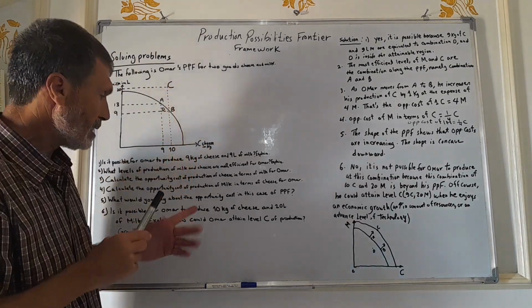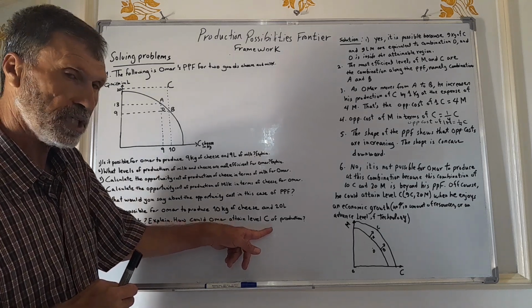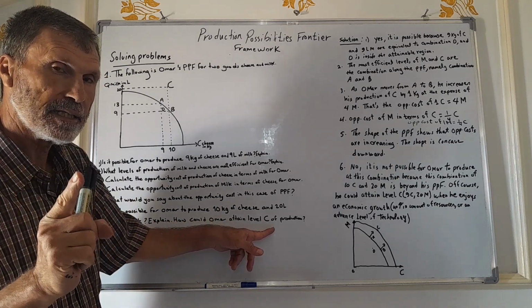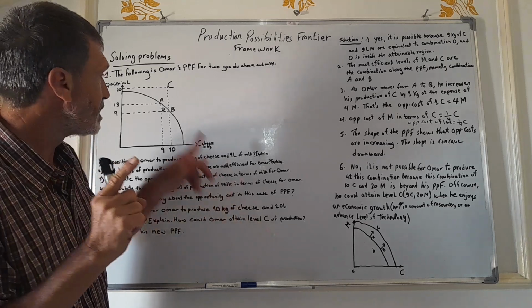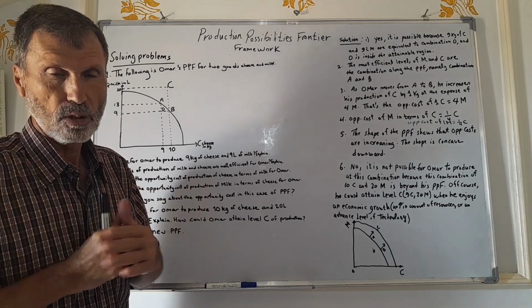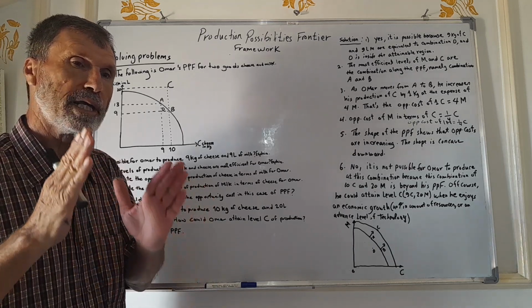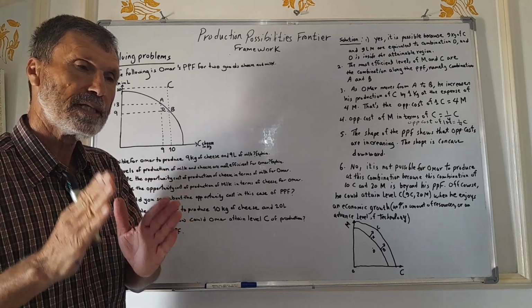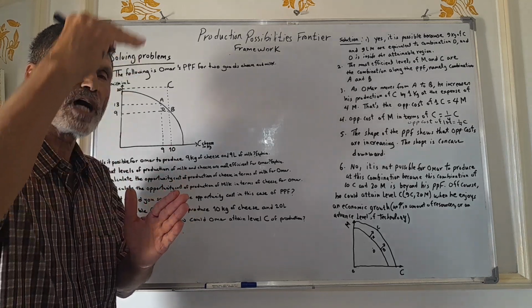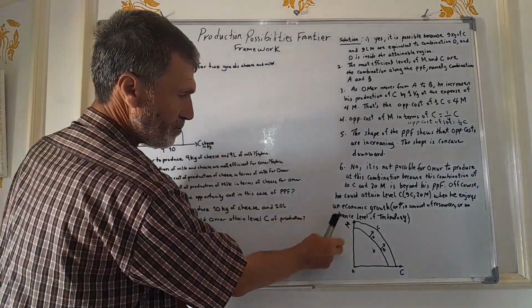Okay? So we say, how could Omar attain level C of production? He could attain level C through economic growth. When he enjoys economic growth, then the PBF will shift outward, to C, as you see over here.